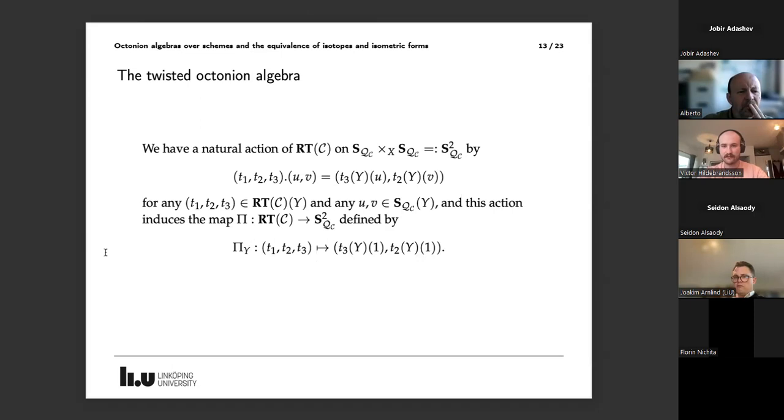And this scheme will act on this pair of Octonion spheres by this action for any X scheme Y. And this action will induce the map that we call pi, sending these triples to this action on the Octonion unit, which will always have norm 1. So it is an element in the Octonion sphere.